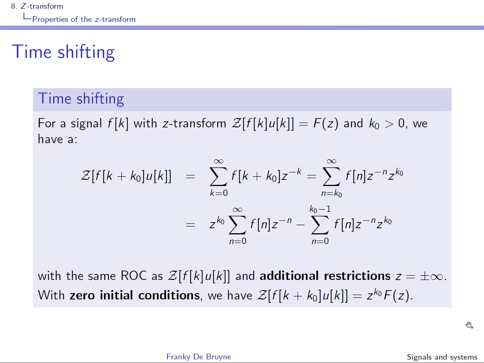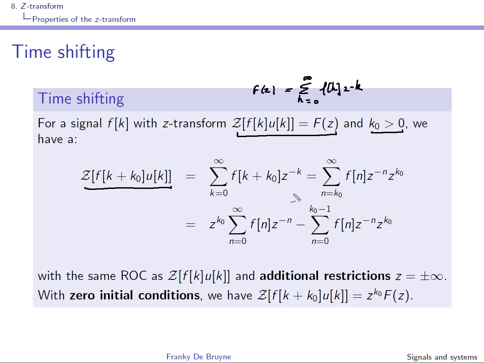We can do something very similar for shifting to the left. Again, we assume that we have the z transform of the original signal. Remember that f of z is the sum going from k equal 0 to infinity of f of k z to the minus k. So now we're computing the z transform of the signal shifted to the left, because we assume here that k0 is positive, right?